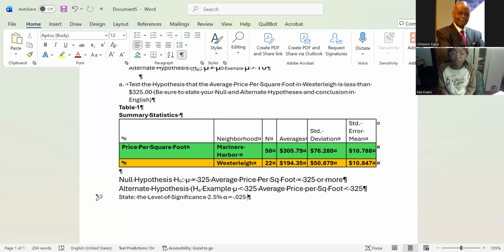So now, once you state that, you use the standard normal distribution table to select the Z statistic that enables you to reject the null hypothesis. Which implies that we get a Z table.